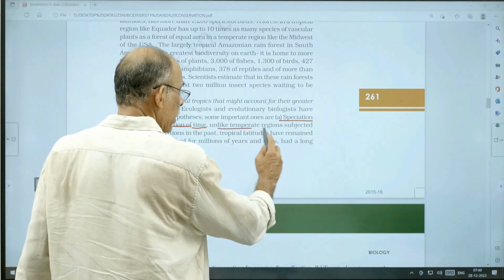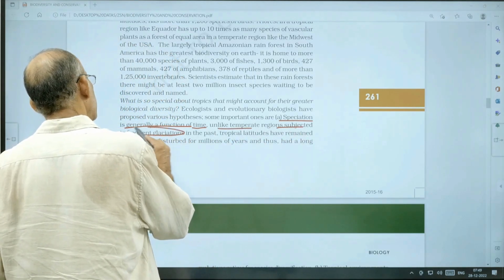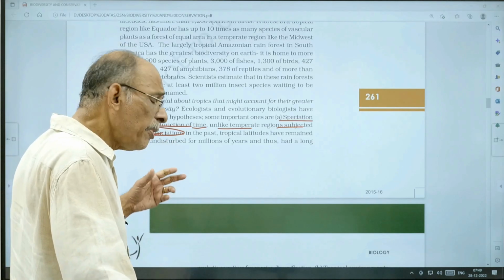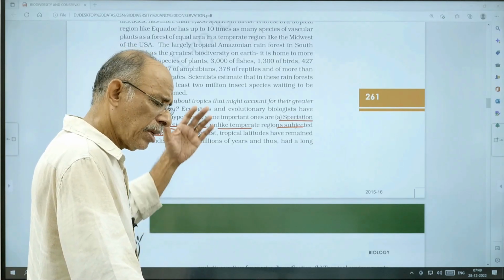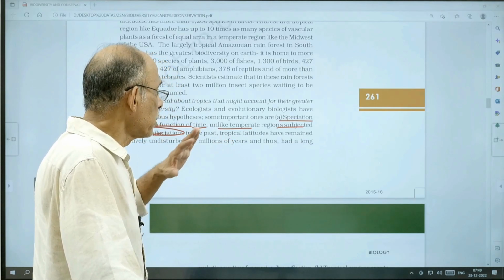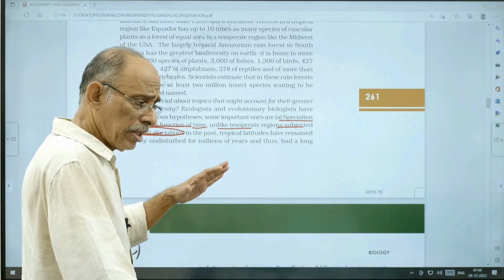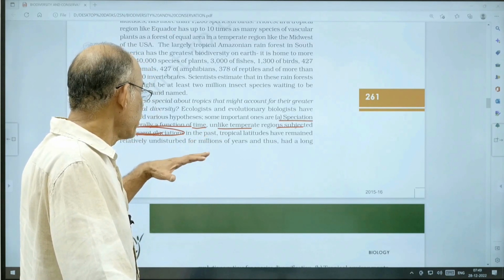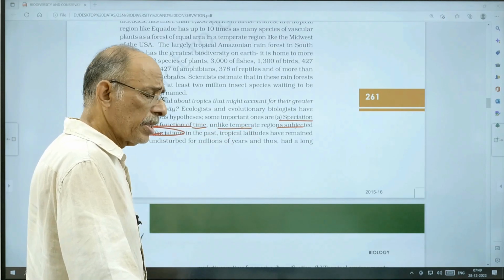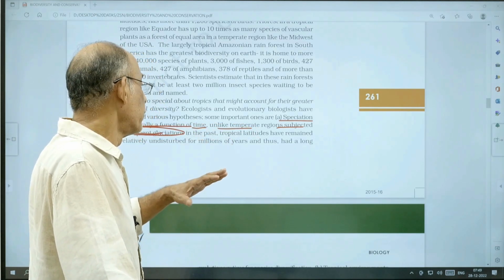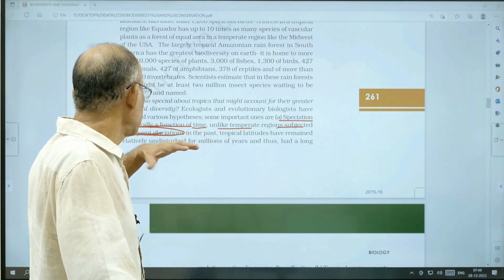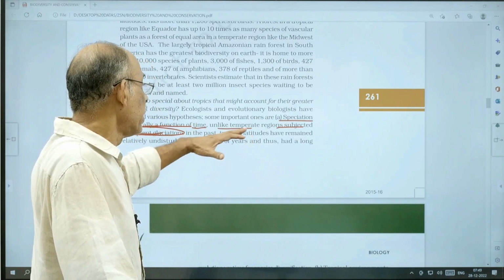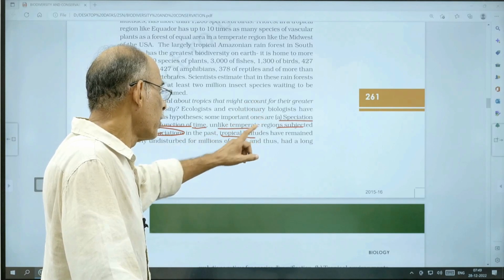Unlike temperate regions, which were subjected to frequent glaciation, about 4 or 5 glaciations, when for thousands of years the Earth in the northern hemisphere and cooler temperate regions became covered by ice or snow, the tropical regions remained almost undisturbed. So speciation requires undisturbed evolutionary time, which was more in tropical latitudes. So that is one of the reasons.